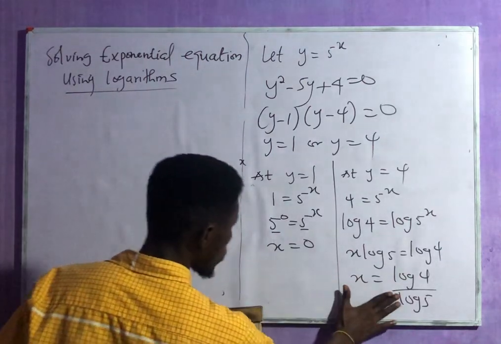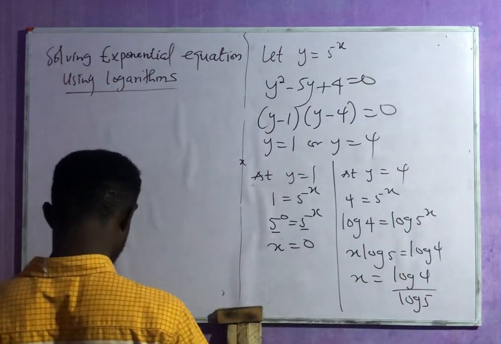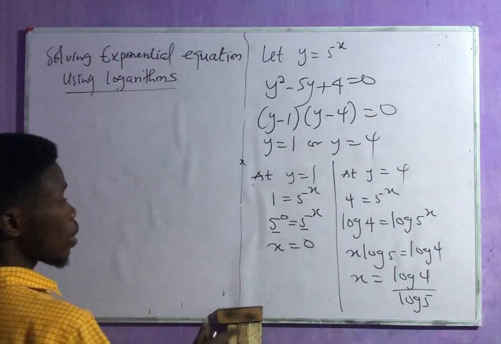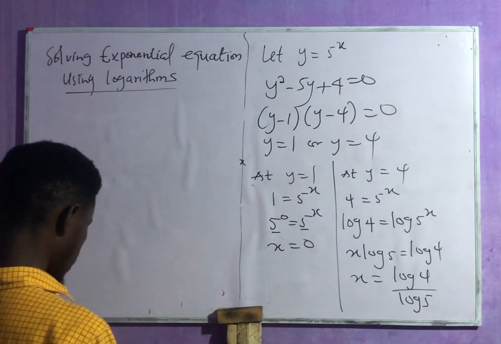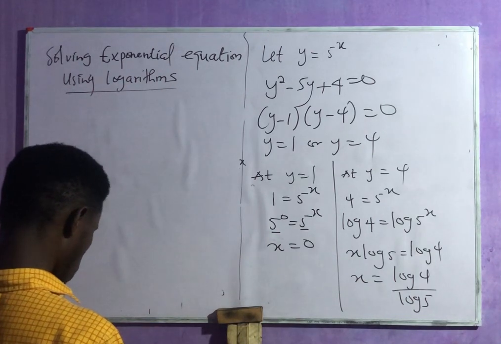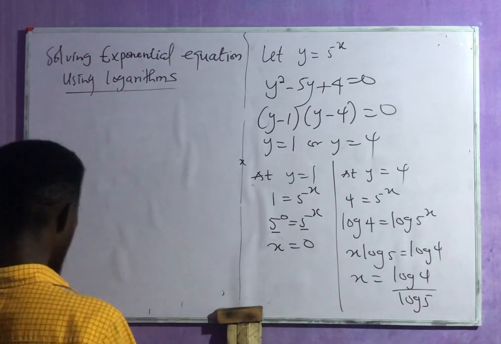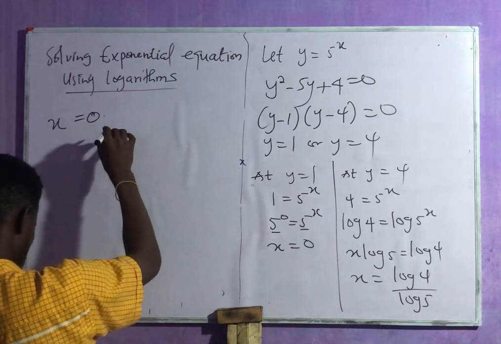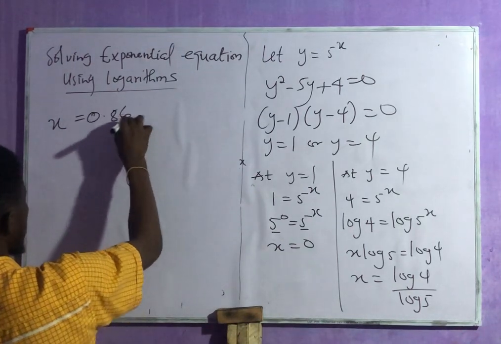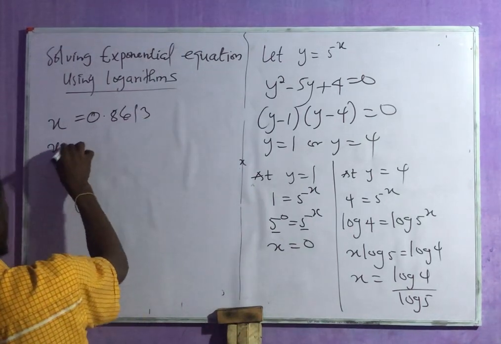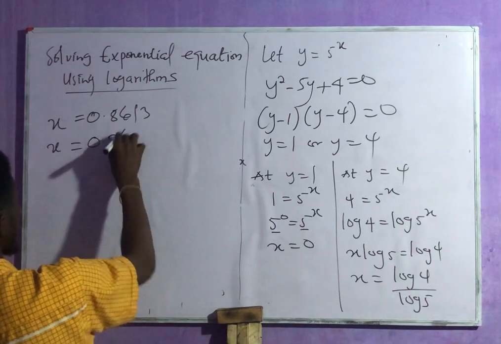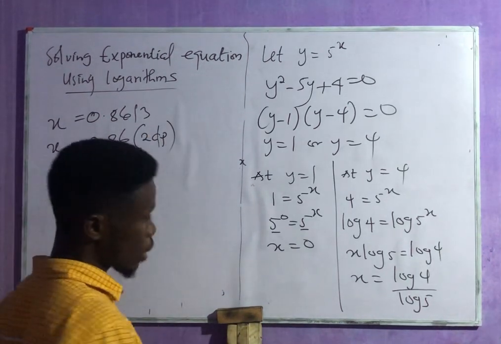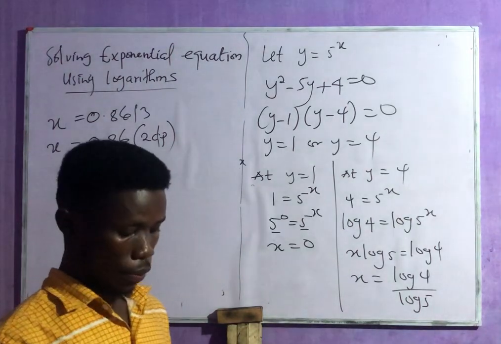Now looking at this particular thing, if you put this in a calculator, x equals 0.8613. So our final answer will be 0.86 to 2 decimal places. The question is to leave our answer in 2 decimal places.